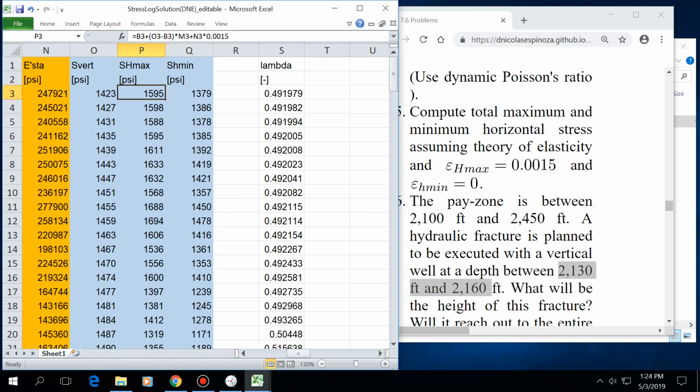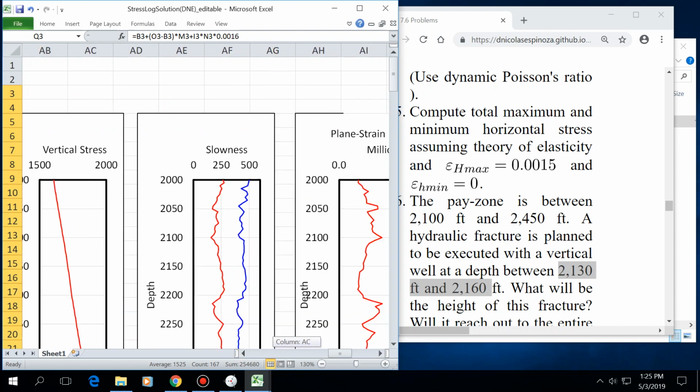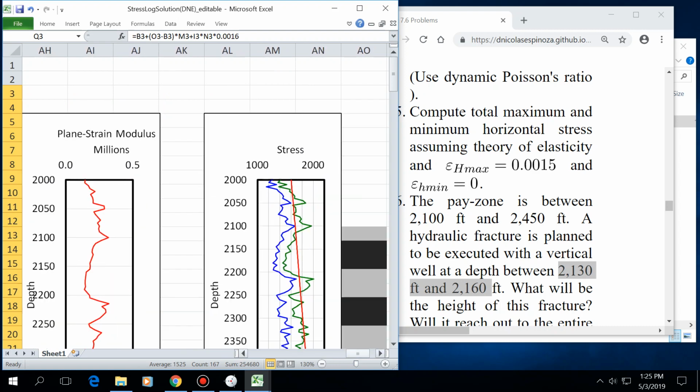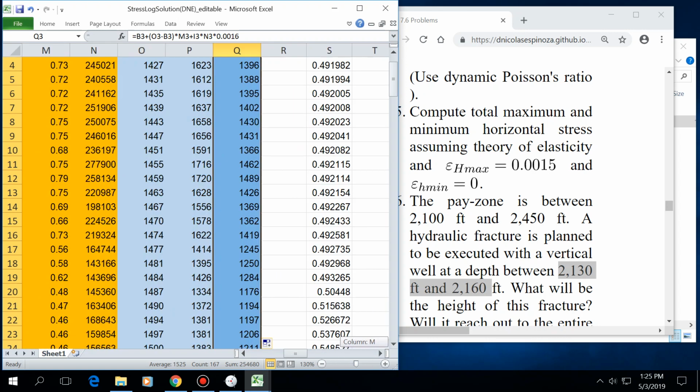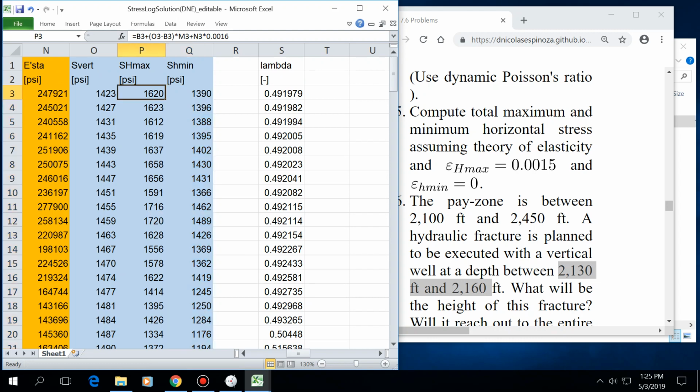Let us change a little bit the tectonic strain. Let's see what we get. Let's see, that was enough. Not much. Let me increase it a bit more.